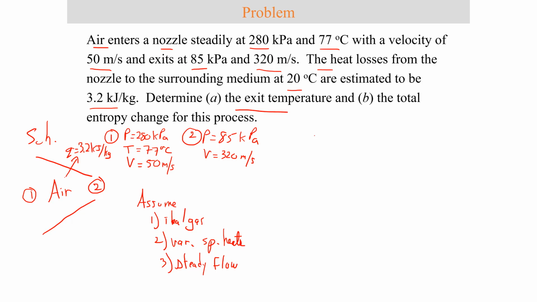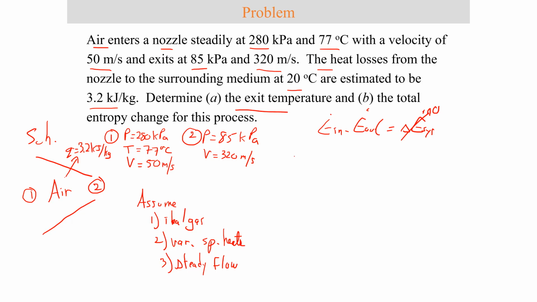If you remember a first law analysis, this is a steady flow problem, right? So we have E in minus E out equals delta E system. This is a steady flow problem, so delta E system is 0. E in equals E out. That means energy in by heat, mass, and work equals energy out by heat, mass, and work.